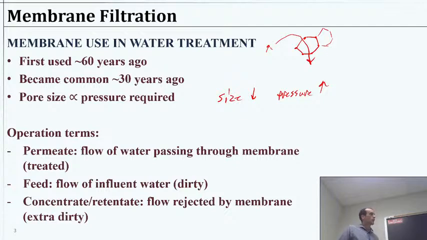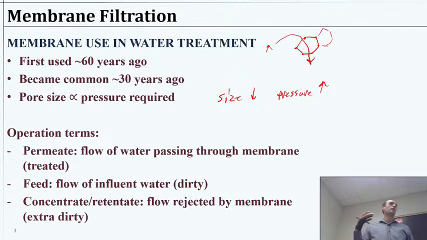Okay, a couple of operational terms. We're going to describe the permeate. That means the stuff that goes through, that permeates the membrane. That's our treated water, typically. Sometimes we're not interested in that. Maybe sometimes we're actually just harvesting whatever particle we're filtering, and so sometimes we're more interested in the dirty water.